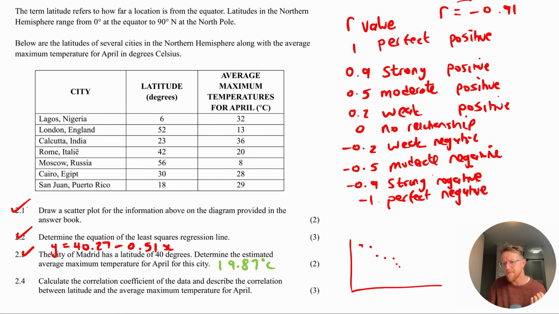You can see that there's a trend. It's not perfect, but it's following a pattern. So there is a relationship. We will definitely say that it is strong, but it's negative. Negative is not a bad thing. It just means it's going like this and not upwards. So we'll say strong negative correlation.